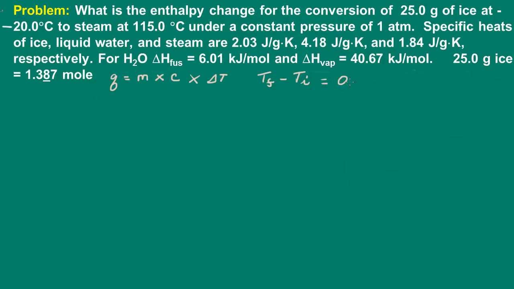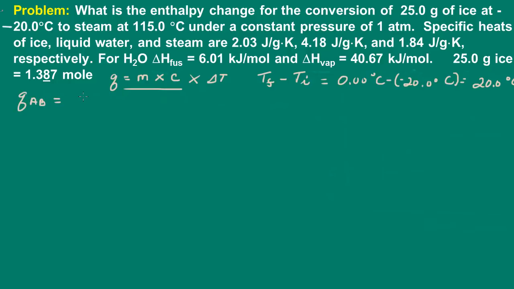So this would be 0 minus a negative 20 degrees. And so this is just going to be 20 degrees Celsius. So now we can go ahead and calculate the heat from A to B.